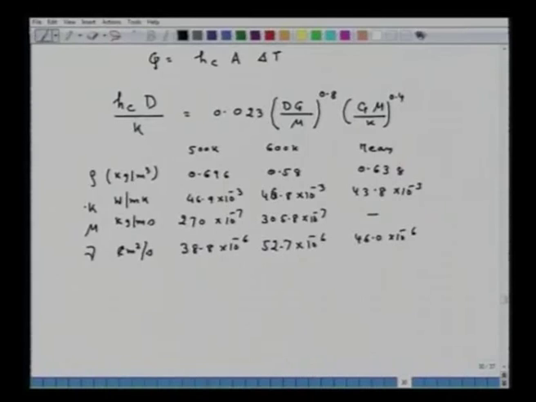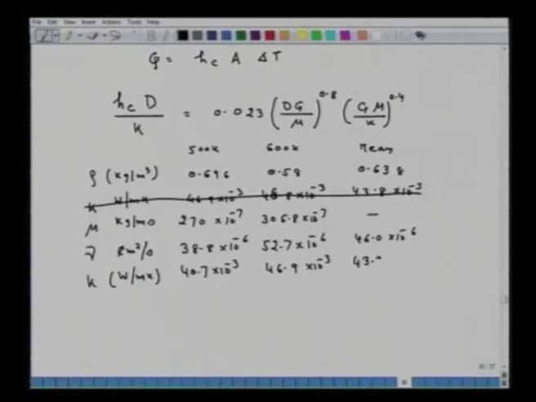I write once again the value of K, which is in watt per meter Kelvin. The value of K is 40.7 into 10 to the power minus 3, and here it is 46.9 into 10 to the power minus 3. So, the mean value is 43.8 into 10 to the power minus 3. So, that is what we know, all these values.